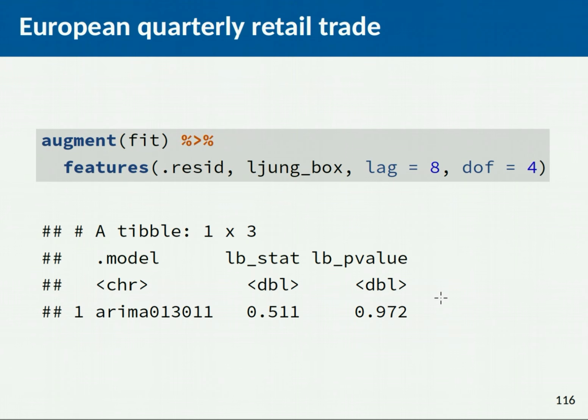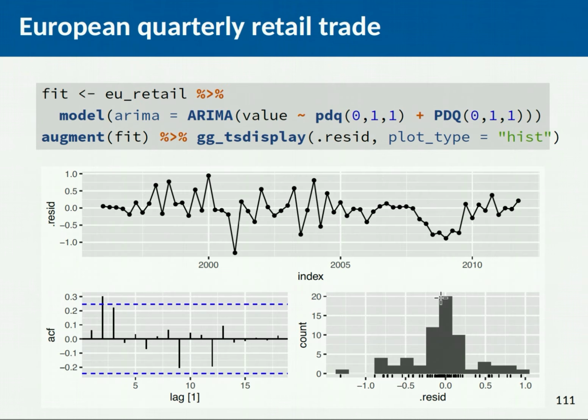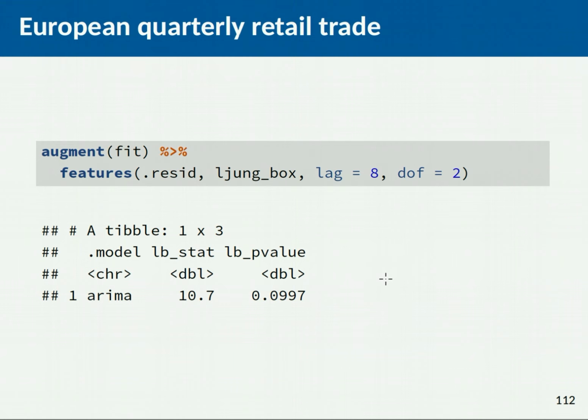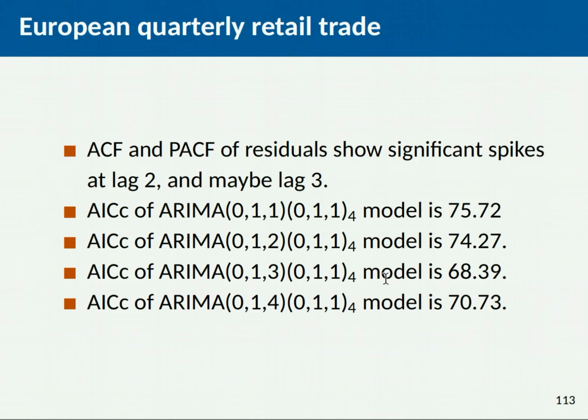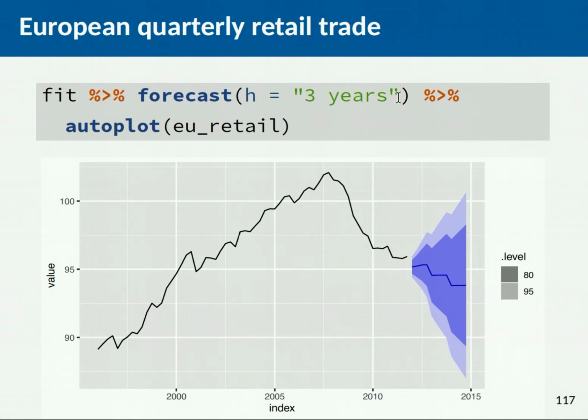In the previous model, we had a problem with the p-value, being 0.1. But in this model, we have a high p-value, so the model clearly passes the Ljung-Box test. So there is no autocorrelation in the errors, and so we can use this to forecast. In this case, we're forecasting 3 periods ahead, and it shows you the 80 and 95% prediction intervals.